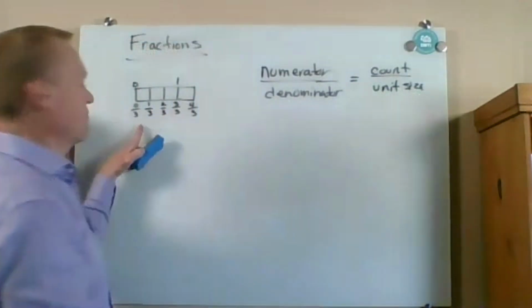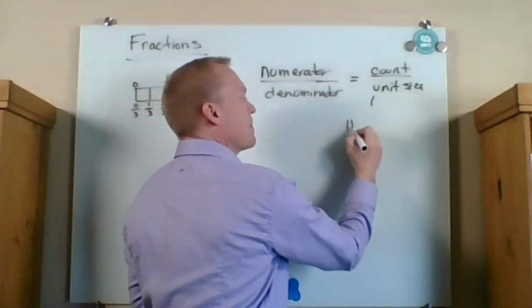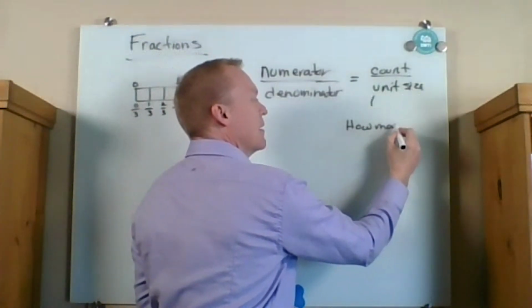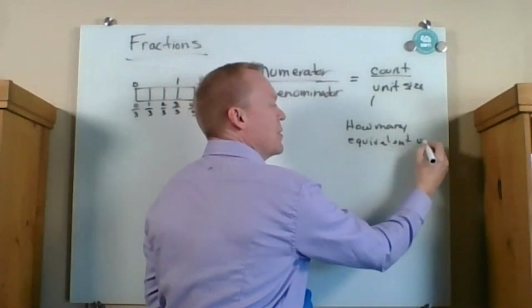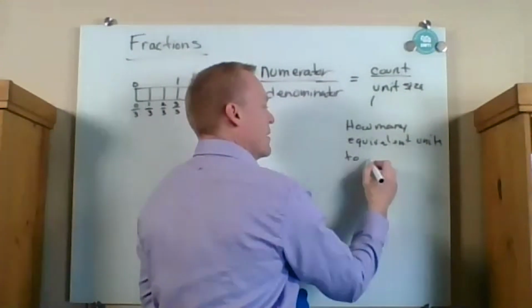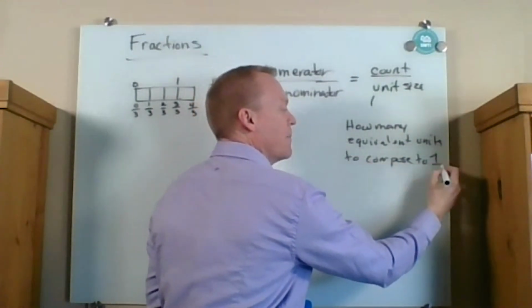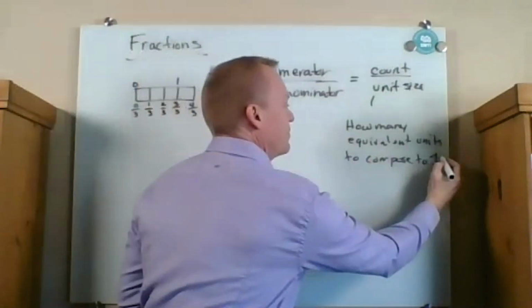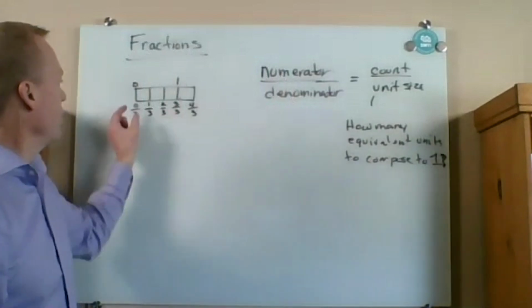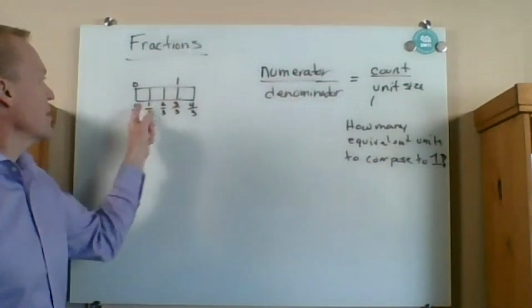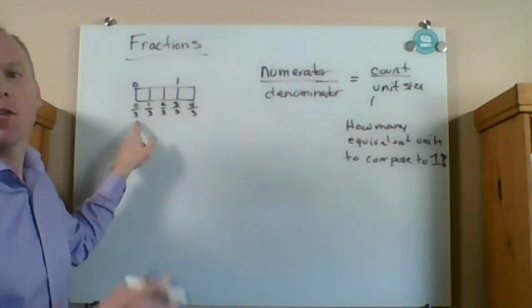In this, we have the size of 1/3, but how do we get there is how many equivalent units to compose or to build to 1. So that's the question we have to ask. How many smaller equivalent units, so these are all equivalent units, how many are there to compose 1 is 3 of them, so then this is named thirds.